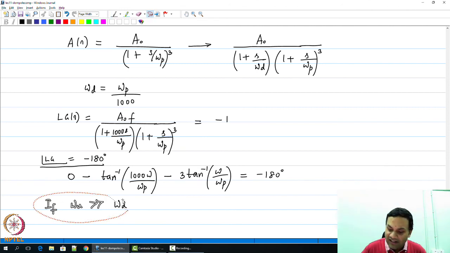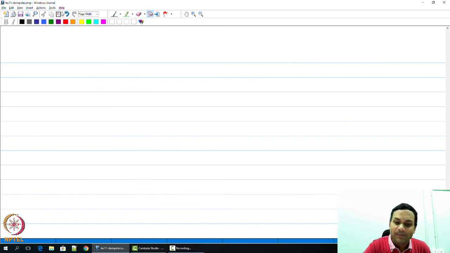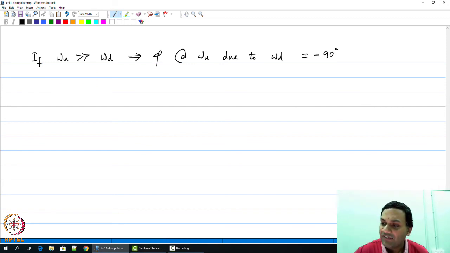In this case, the phase due to omega d at omega u, phi at omega u due to omega d, would be -90 degrees, because at frequencies much larger than the pole frequency, the pole offers a phase of -90 degrees.